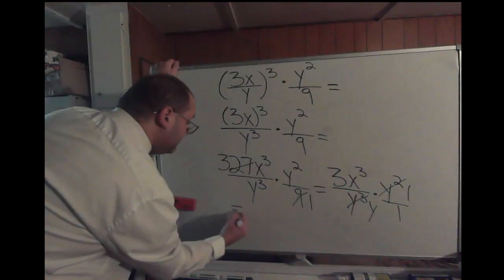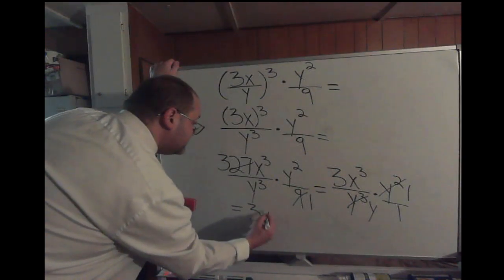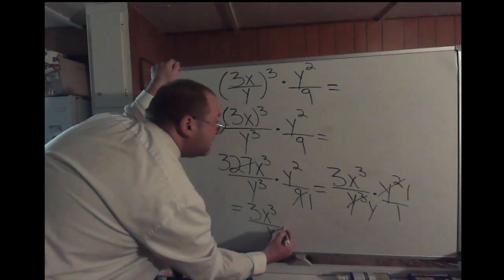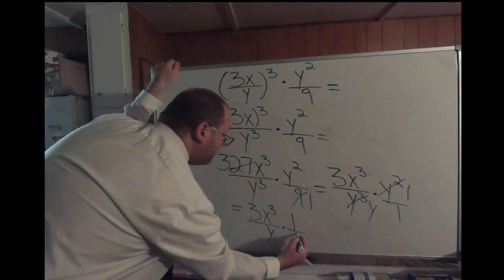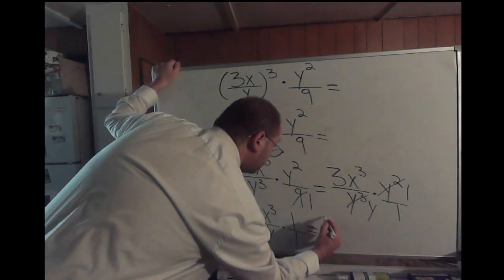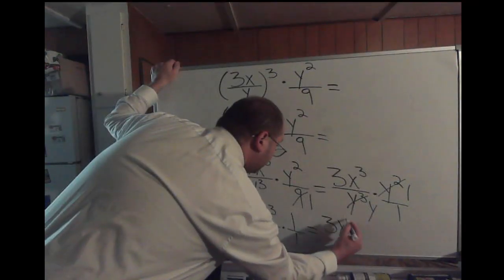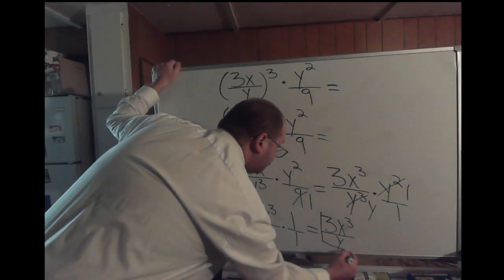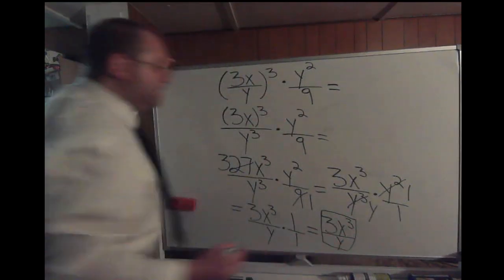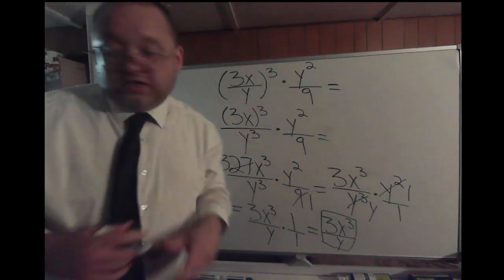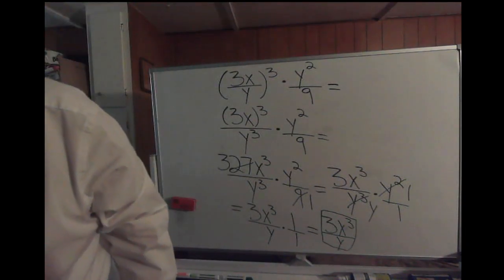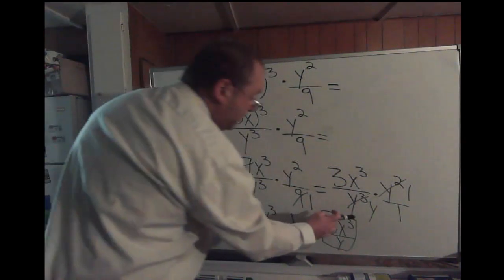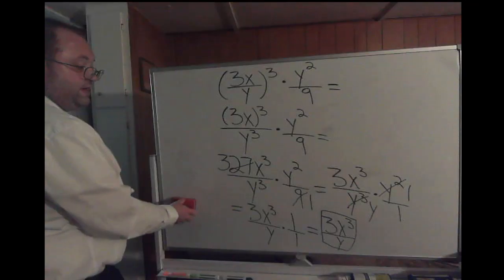So what you should be left with now is 3x to the third over y times 1 over 1, which should just give you an answer of 3x to the third over y. Let me make sure you can see all that, because I did go kind of low. Okay, good. So yes, you should get 3x to the third all over y as your final result.